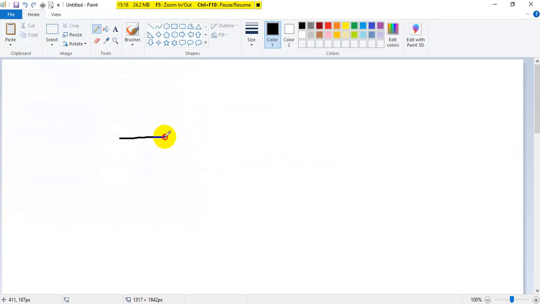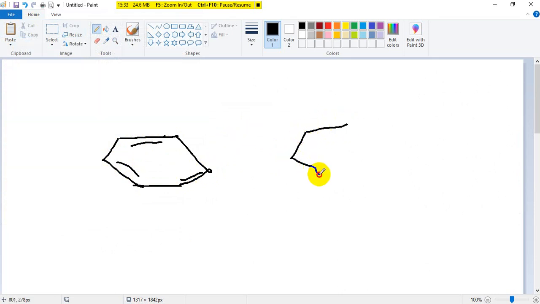Let me draw an aromatic amino acid. This is the benzene ring. You can draw it like this, or we can also draw it like this and put a circle inside. It's also a benzene ring. So we call it phenyl.